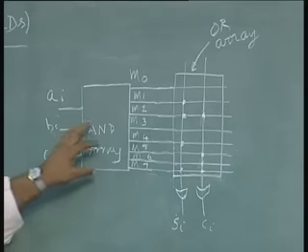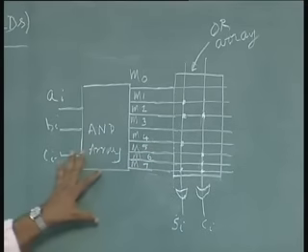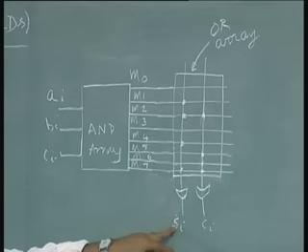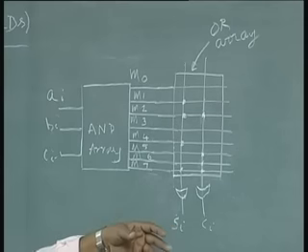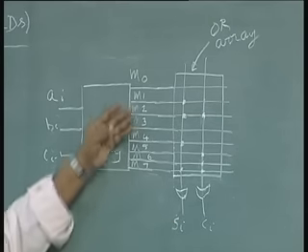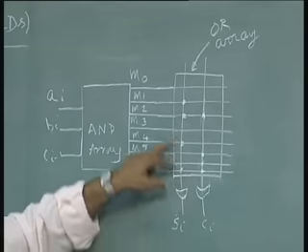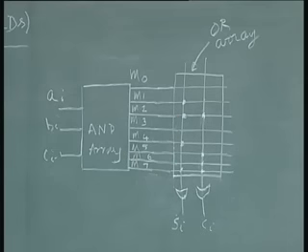Now, this whole thing can be gotten in one chip, that is why it is called programmable. The reason it is called programmable also is that I can have different functions instead of Si and Ci. Instead of implementing a full adder, I can have some other function in which several other minterms may be involved. I can reconnect my inputs to the OR gate. How many minterms there will be depends on the number of inputs. In this case there are 3 inputs, so there are 2 power 3 minterms.